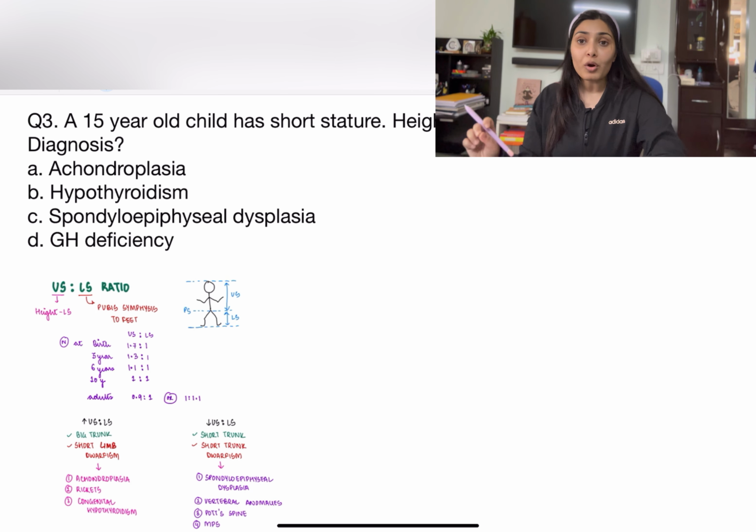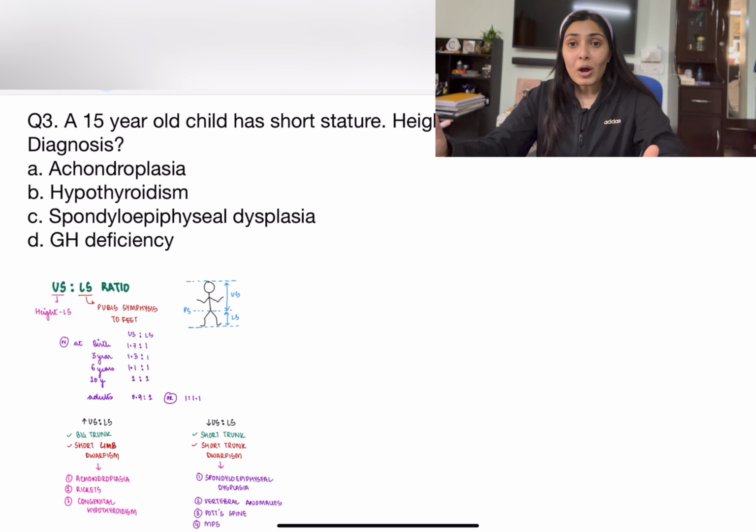Here, what is important for us in evaluation of short stature is upper segment lower segment ratio, because on the basis of this ratio, we decide whether this is a proportionate short stature or a disproportionate short stature, right? If you have seen a newborn baby, then you can easily imagine that the head is big as compared to the body, and as we grow, our trunk grows, our limbs grow, right?